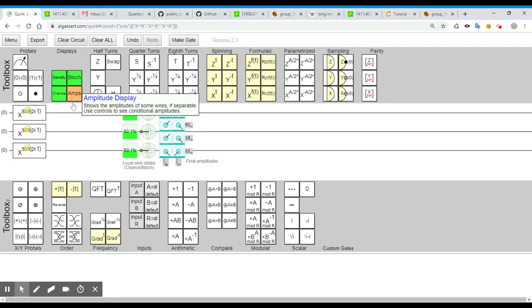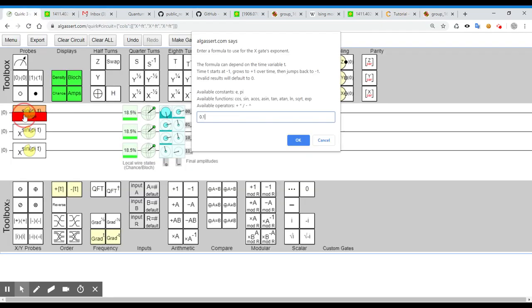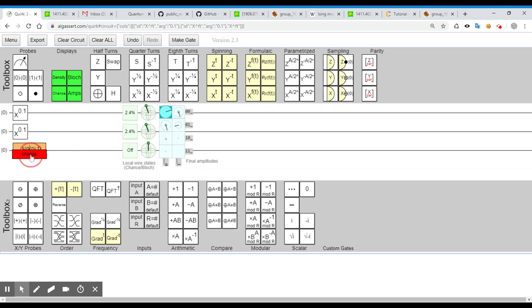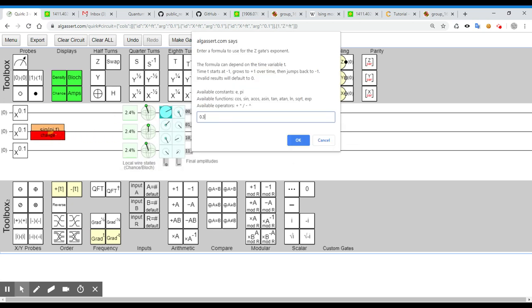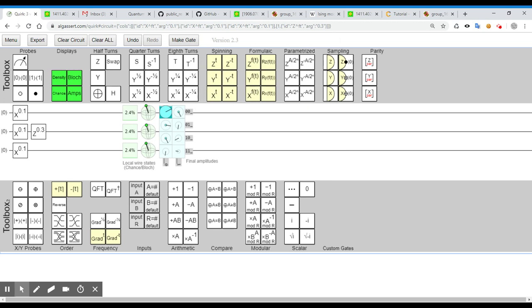Okay. So this will be 0.1. This will be 0.1. This will be 0.1, and then there was a Z. Z will be 0.3, and then I will make... Give me a second.